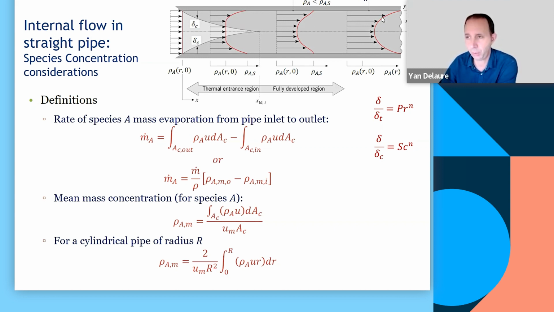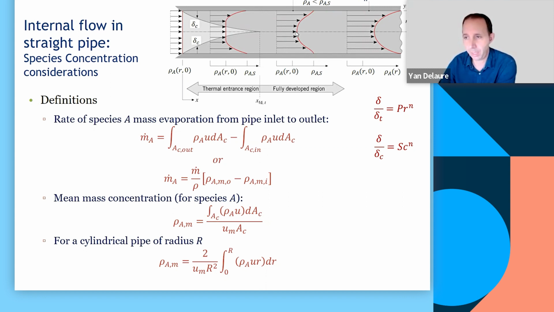Depending on the condition, you may observe different trends. So for example, if it's a uniform wall concentration, you see that the concentration, that is the position of the red curve at the wall, is always going to be the same. The distance from the axis to that red curve will be the same. But because you keep on allowing species A to enter the pipe domain, your mean concentration over the cross-section will increase.